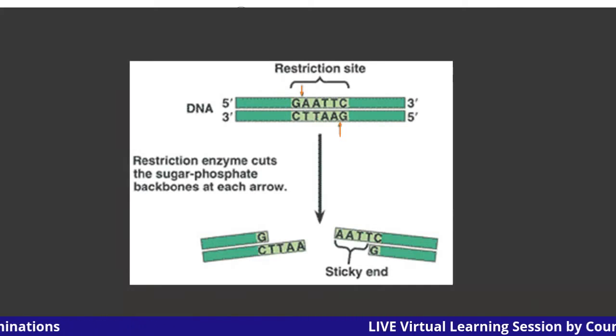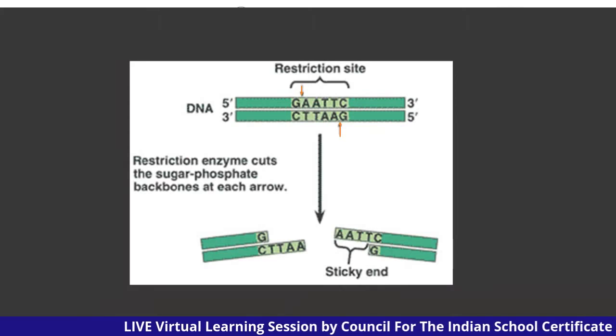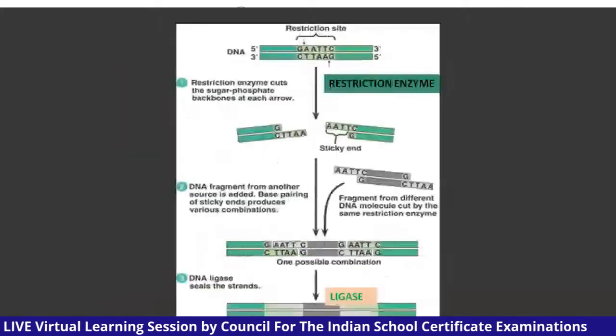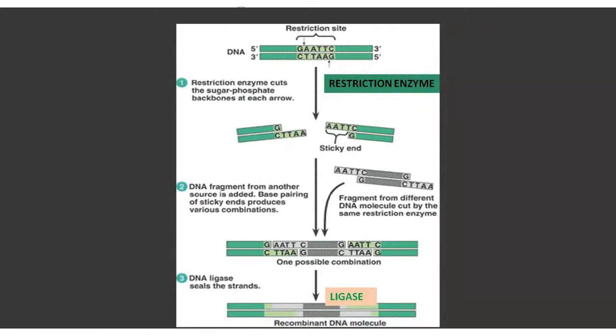This sticky end is a great help. Once you get the sticky ends, now see the entire process follows like this. The sticky end in one DNA, because you have used the same enzyme, so you are getting the sticky ends in the other DNA, and then the two strands are going to be complementary to each other.